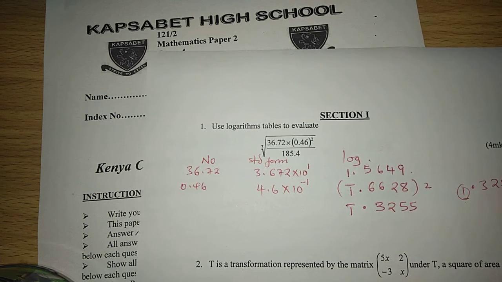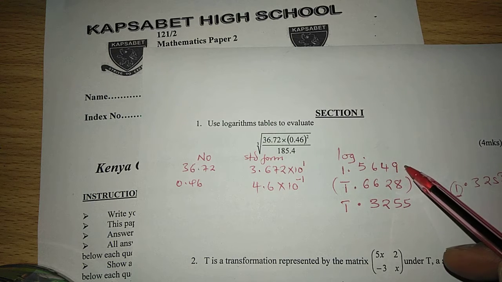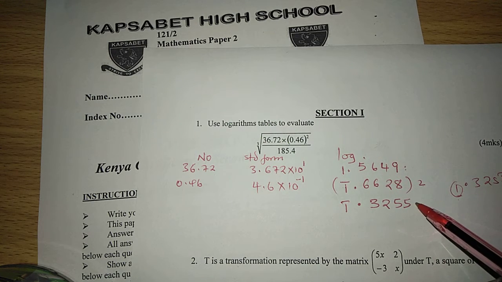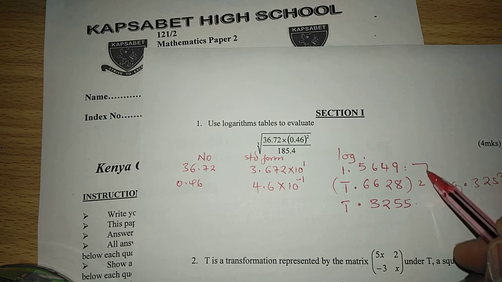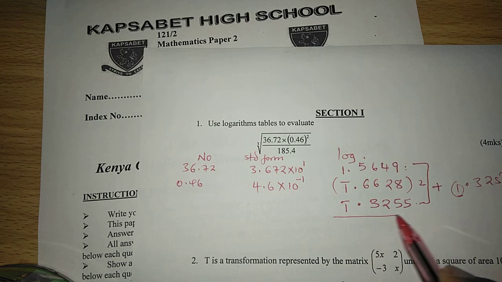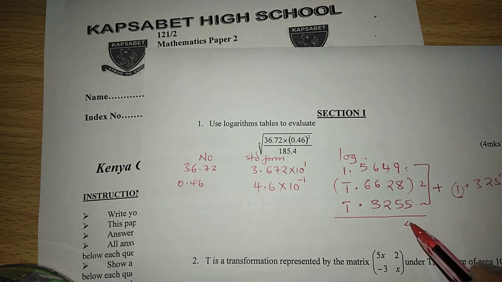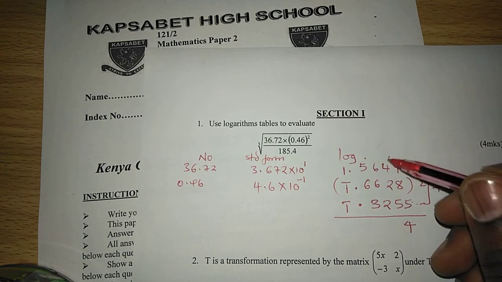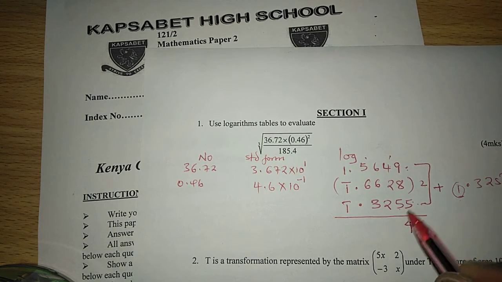Now we proceed to adding this logarithm and this logarithm, since the numbers have been multiplied. So we add this logarithm like that, such that 9 plus 5 becomes 14. So 4, we carry 1. This becomes 5 plus 5, 10.